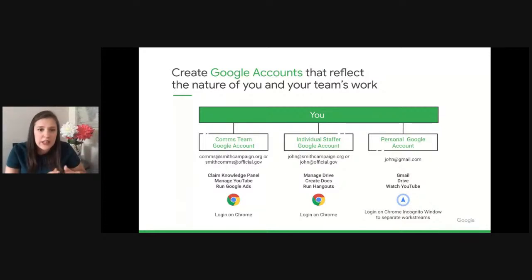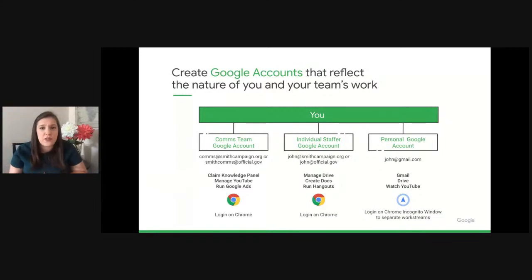So that's something like comms at smithcampaign.org or an official house.gov or senate.gov email address. And for that, you use that to manage all of your accounts. So your knowledge panel, which we'll talk about, your YouTube channel, running Google ads, and also your other social profiles as well.